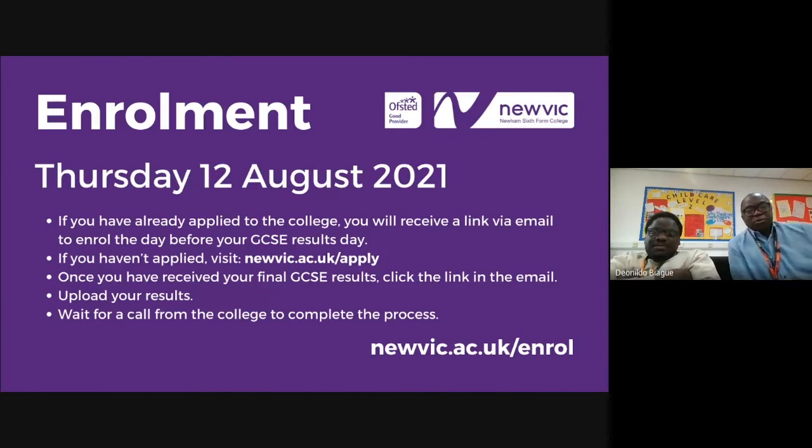Just before we go, if you look at the information that you have on screen now, please take note of the first bullet point, which says that if you have already applied to the college, you will receive a link via email to enroll the day before your GCSE results day. I just wanted to draw your attention to that because it's absolutely important. It's easy for you to miss that day in the bustle of holiday mode.